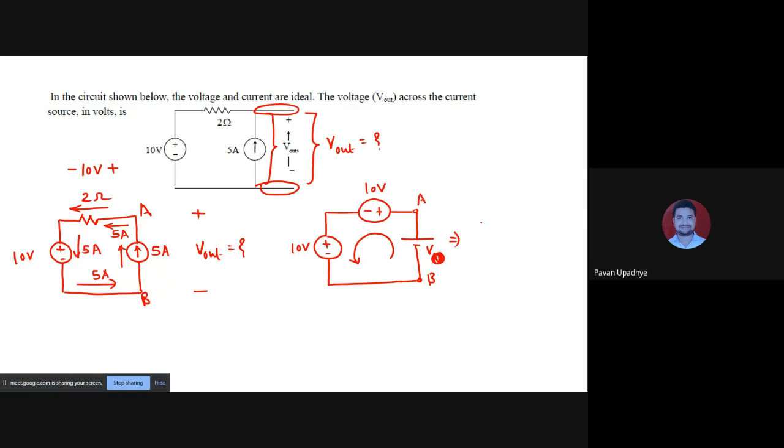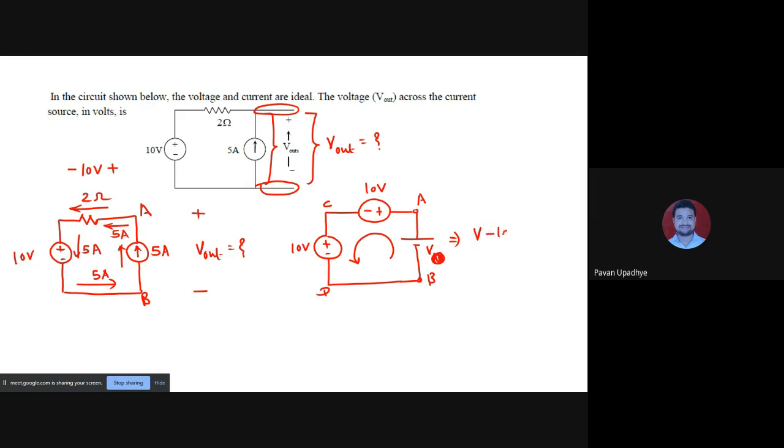So we will move across the circuit in this manner and apply KVL. From B to A, when I move, I get V, a rise in potential. Then I have to move from A to C, so you come across a fall in potential. Why? Because you are moving from the positive plate of the battery to the negative plate.